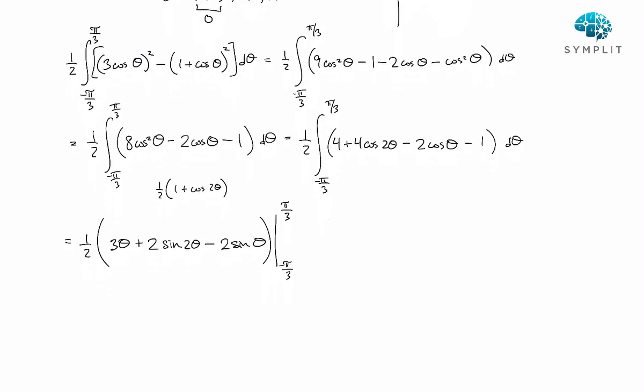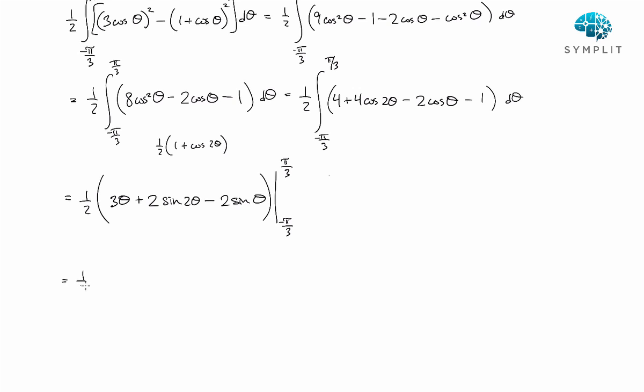So let's go ahead and plug in pi over 3. We just get pi here, plus 2 times the sine of 2 pi over 3, which is square root of 3 over 2. And then minus 2 times the sine of pi over 3, which is also square root of 3 over 2.